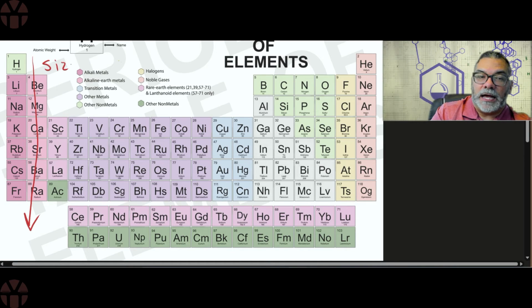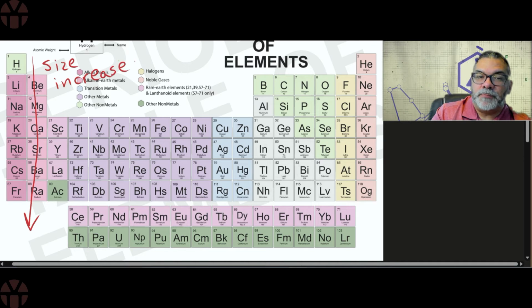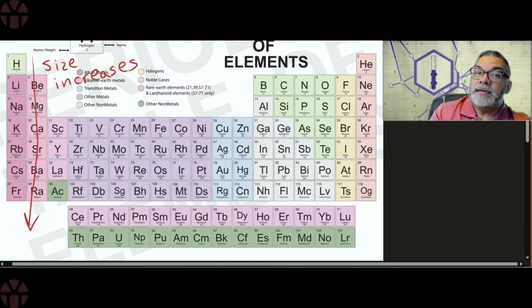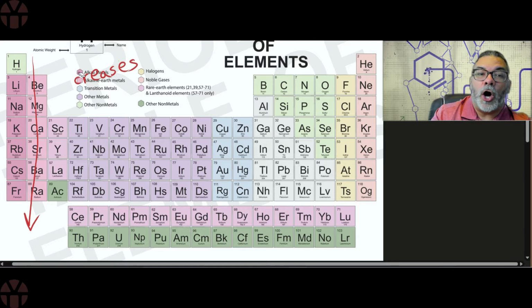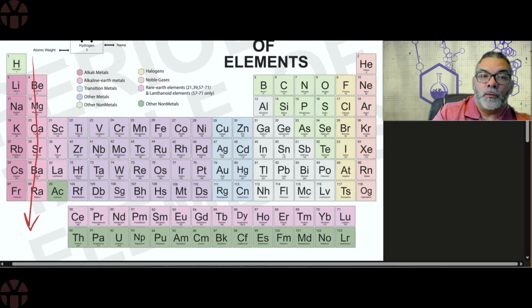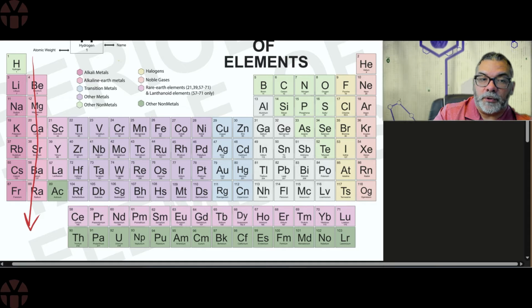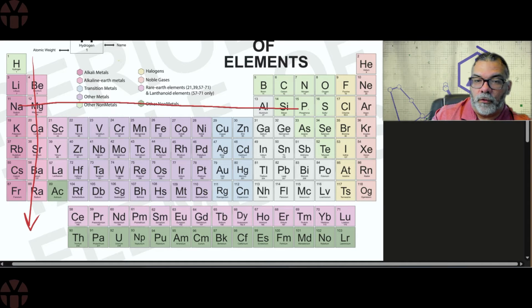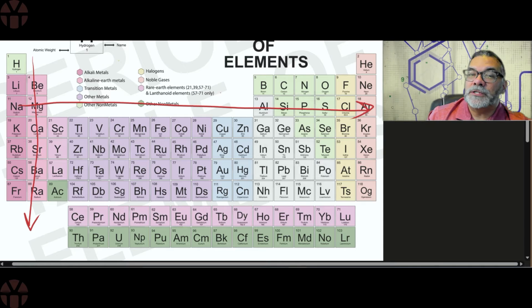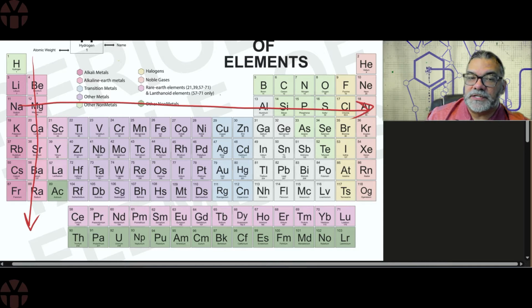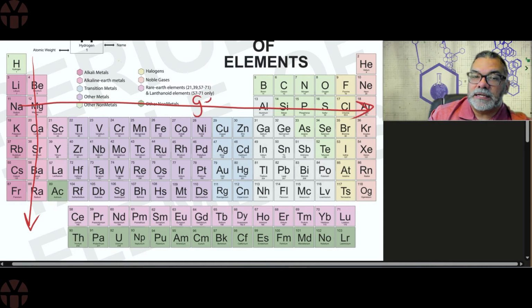So size increases. Everything gets bigger as we go down. Now, here's where it gets a little bit contrarian. As I go across the periodic table, from left to right, we find that elements will decrease in size. So they get smaller.